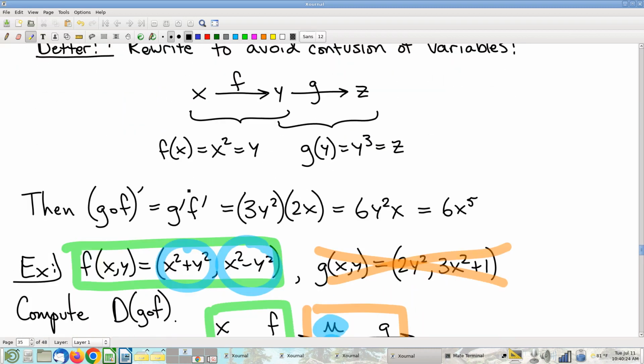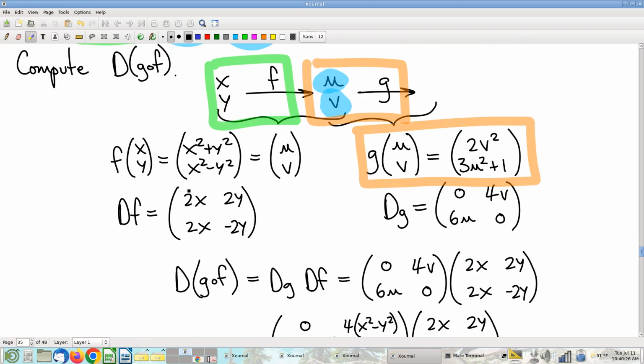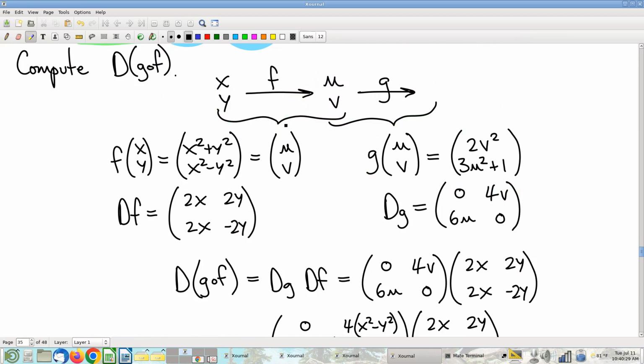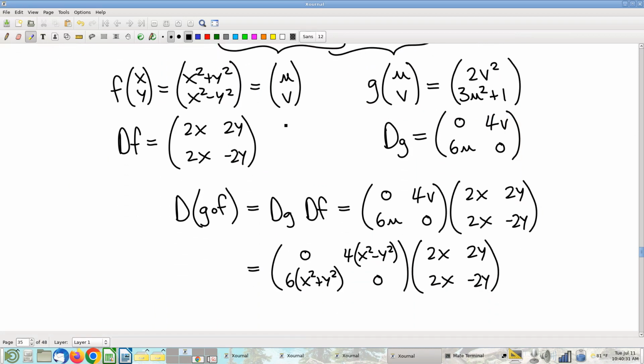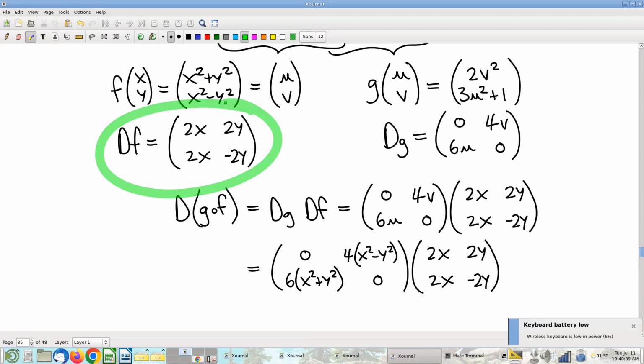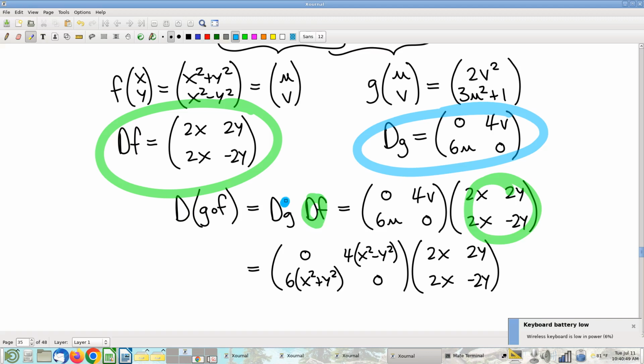Right. Okay, so that's what happened with the rest of this question. I wrote down the matrices showing all the derivatives of the one function, all the derivatives assembled as a matrix, and then all of the partials of the other function, again assembled as a matrix, and you compute the derivative matrix of the composition as the product of those individual derivative matrices.